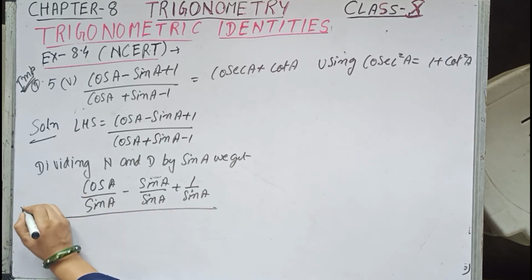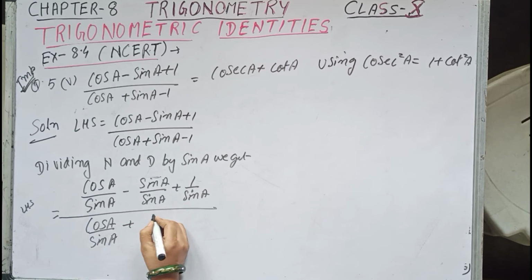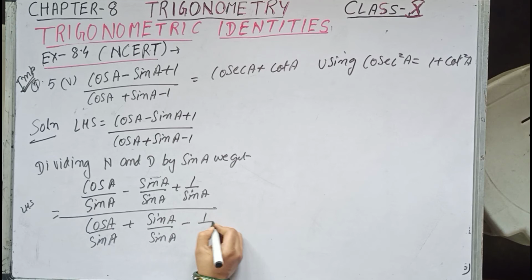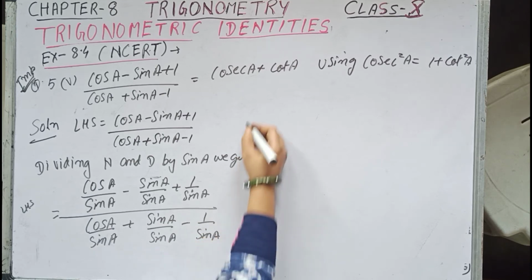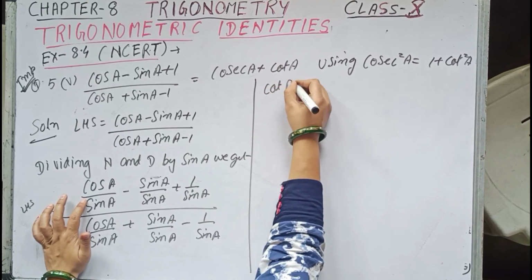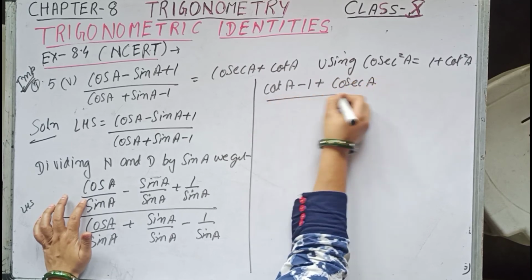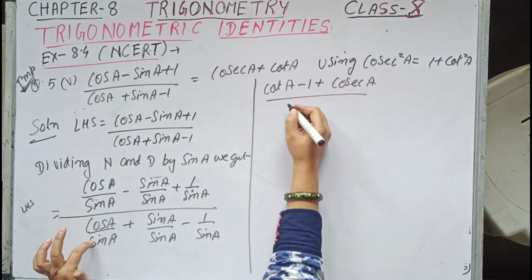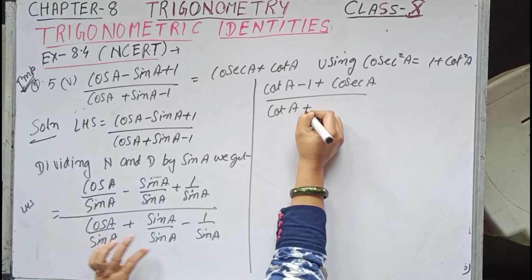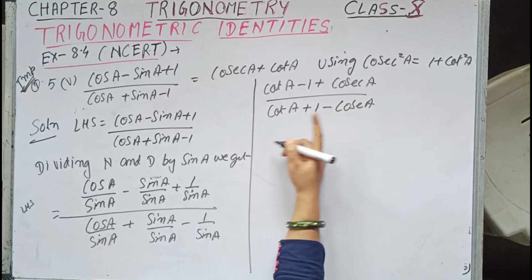Let us write here LHS. And over here also cos A by sin A plus sin A by sin A minus 1 by sin A. So we are getting this as cos A by sin A is cot A, minus 1 plus cosec A. And over here also cot A plus 1 minus cosec A. Now we have to use that identity.